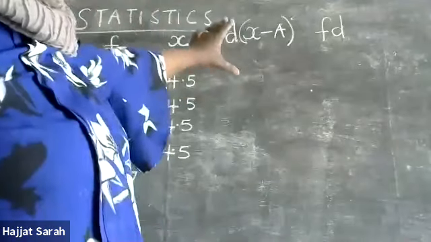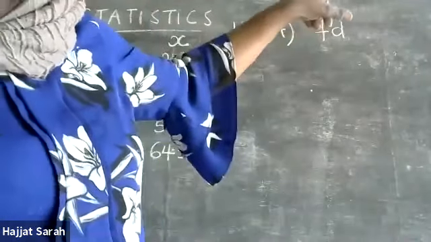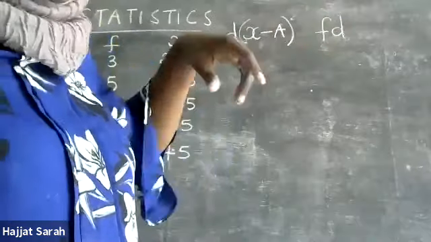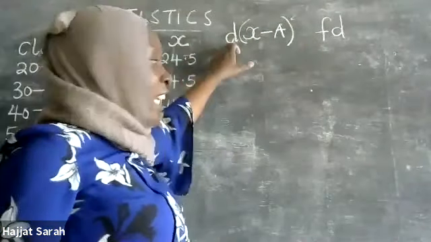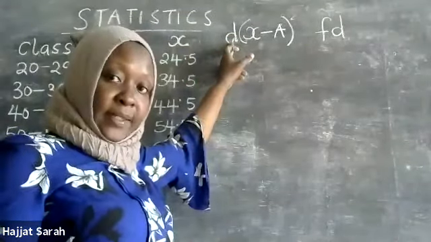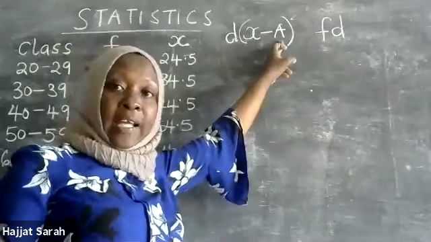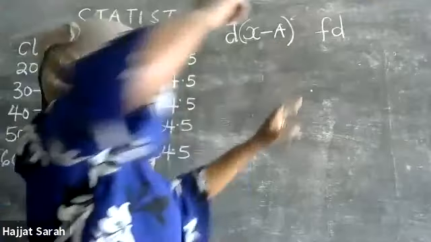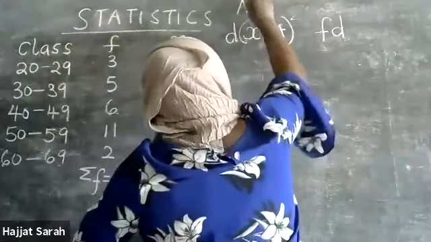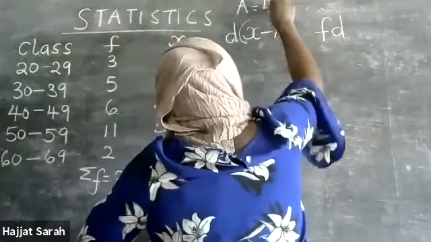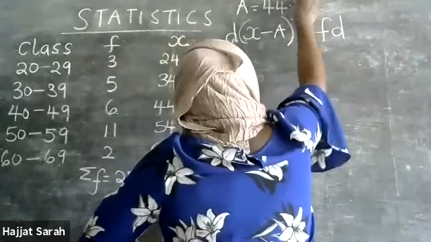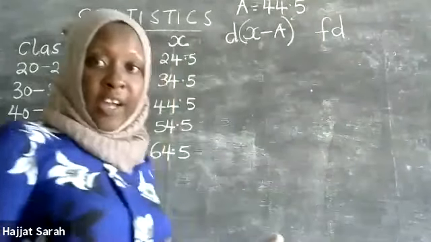I have put a bracket for you to show you how we are getting D. Our D, the new column we are creating, is our class mark minus A, and A is the working mean. So A here is your working mean, and they told us to use 44.5.